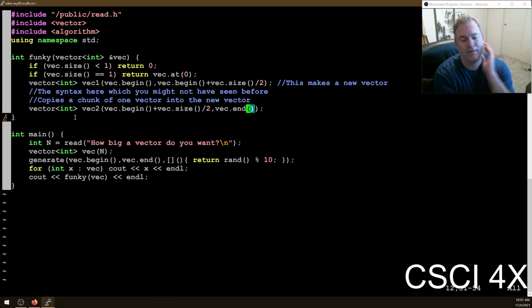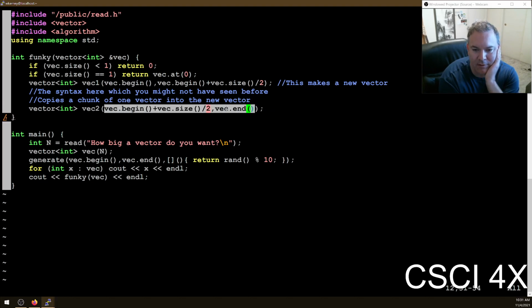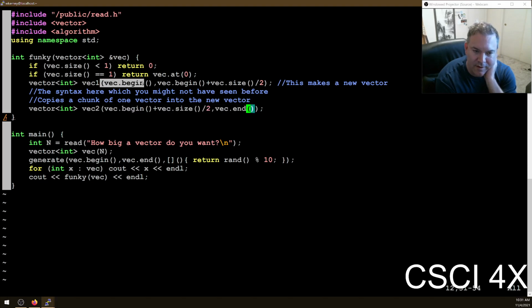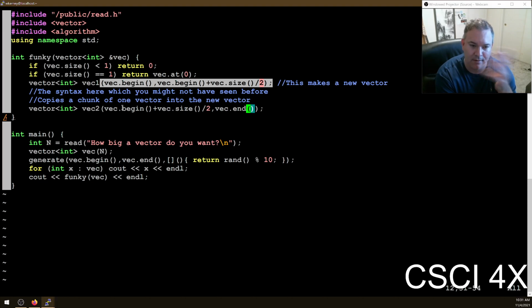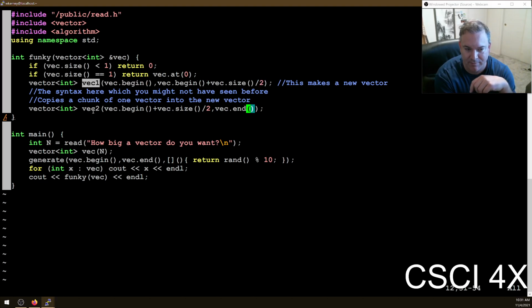What we're doing here is creating a new vector and initializing it with all the elements from vec from halfway through the vector to the end. And this one is initialized from the beginning to halfway. So beginning to mid, mid to end. This will pick up the first half, this will pick up the second half, and it'll do so until we hit size 0 or 1.